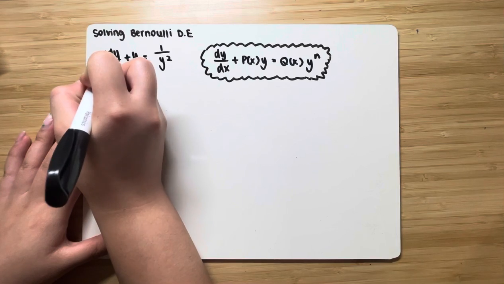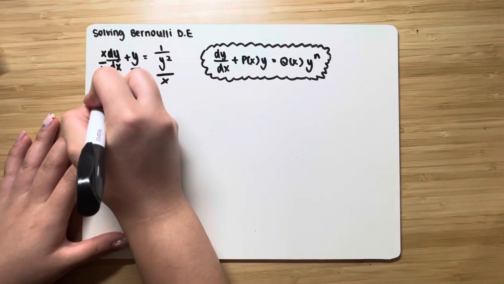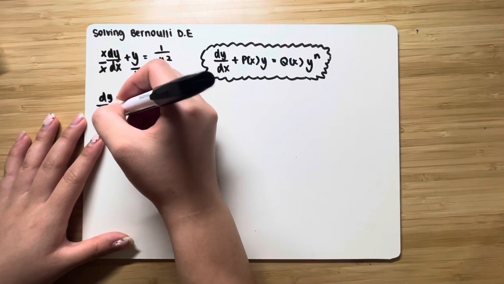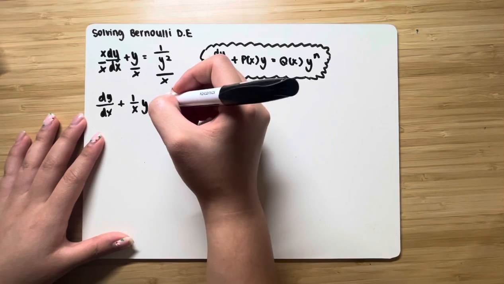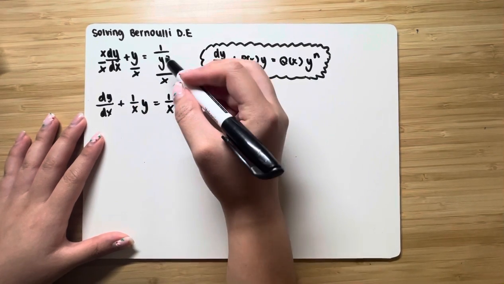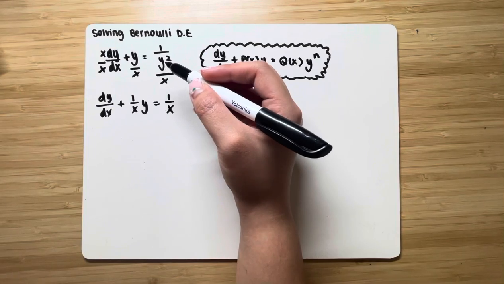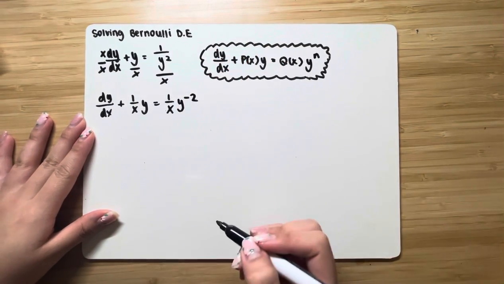Divide by x on all of these terms. You get dy over dx plus 1 over x y equals 1 over x, and 1 over y squared is the same thing as y to the negative second power, so y to the negative 2.